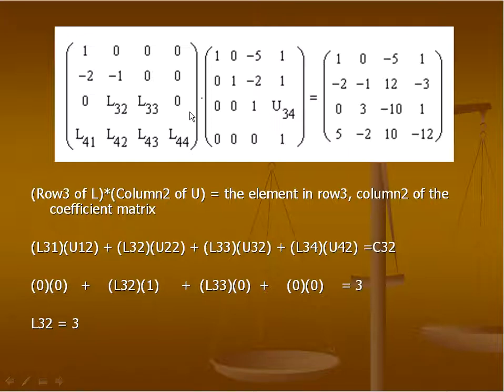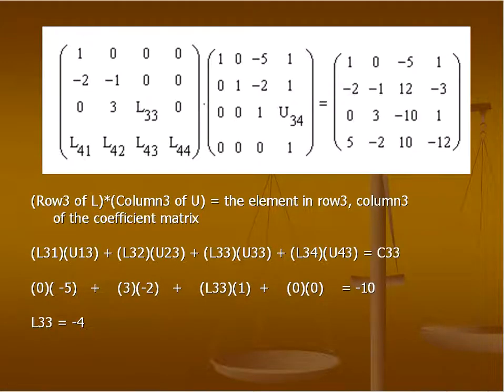Then row 3 times column 2 is equal to the item in row 3, column 2. Okay. Check it. We find L32, so we're going to plug that in. Then row 3 of matrix L times column 3 of matrix U is equal to the item in row 3, column 3, which is negative 10. Go through it.